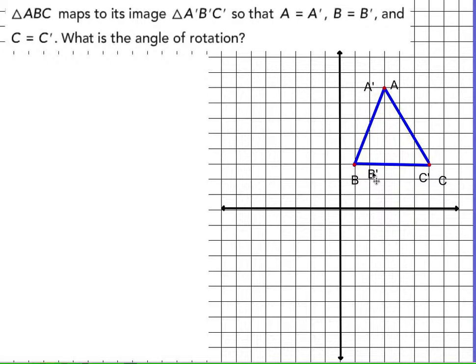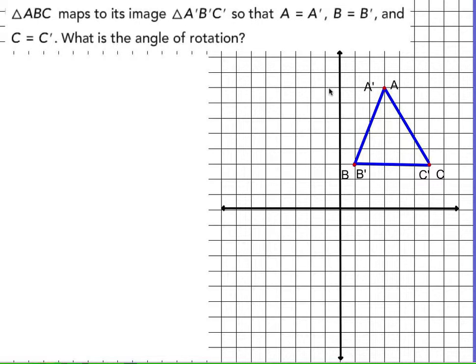But they also tell us that our shape did rotate, so it had to move. Okay? So we need to think of a rotation. How many degrees would a shape rotate around the point of origin and wind up in the exact same spot?